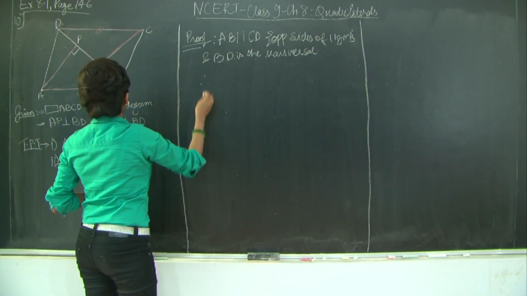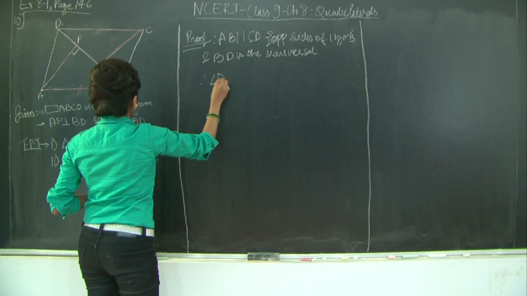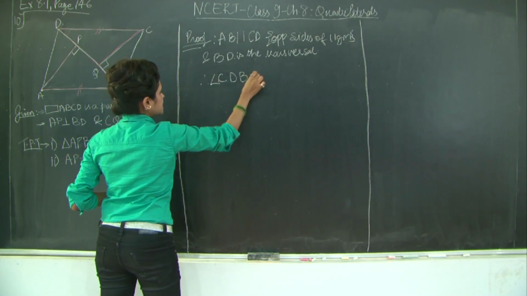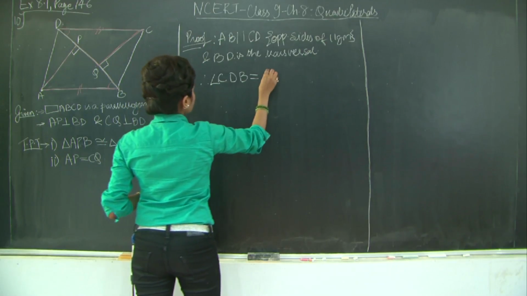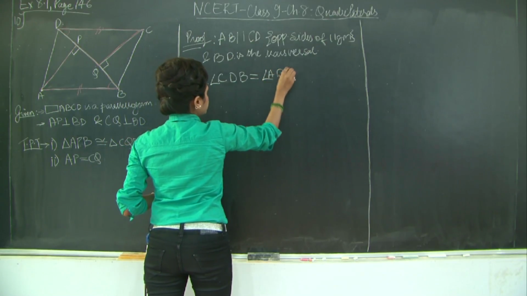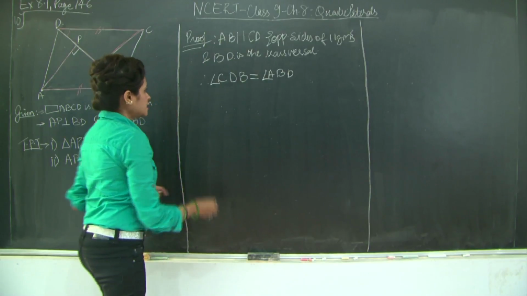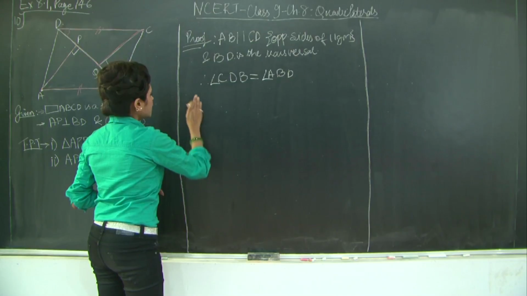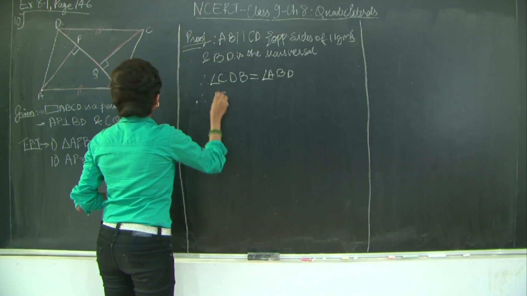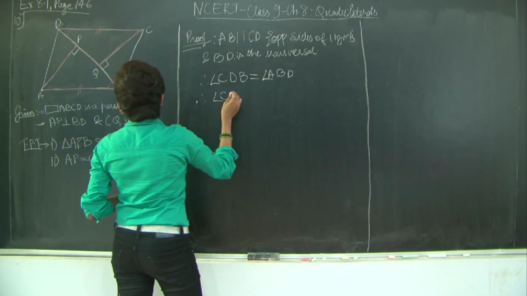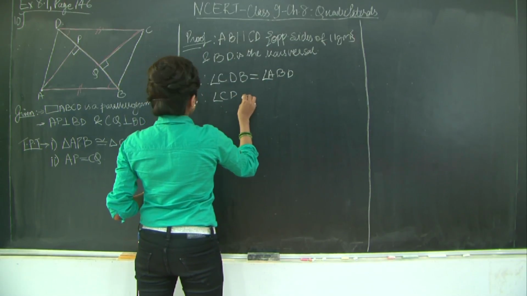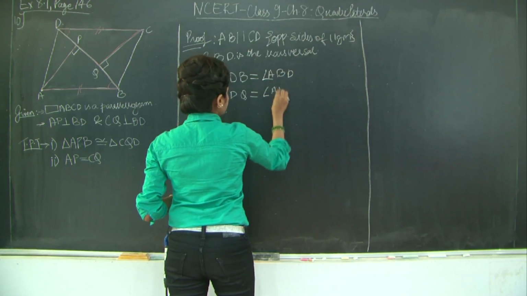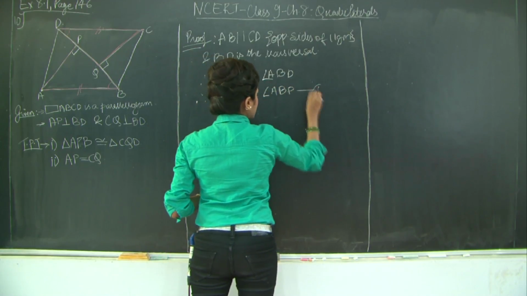Therefore, I have angle CDB is equal to angle ABD. But what do we have? P and Q on the line segment DB. Therefore, I can say that angle CDQ is equal to angle ABP. Let us mark this as 1.